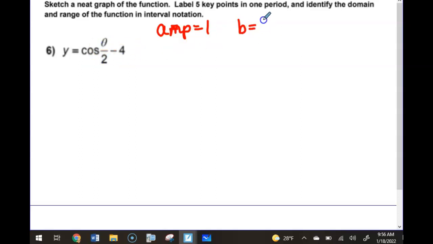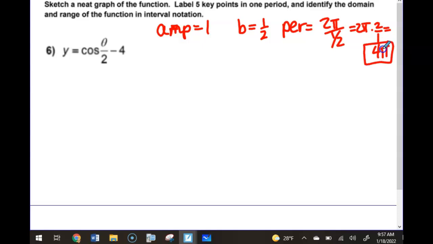When it's over 2, it means the B is 1/2, which makes the period 2 pi over 1/2, or 2 pi times the reciprocal, so it becomes 4 pi is going to be the period. What are the quarter points then, guys? That's an easy one. Quarter points are the period divided by 4, so we're going to count by pi, right? 1 pi, 2 pi, 3 pi, 4 pi. Yay!